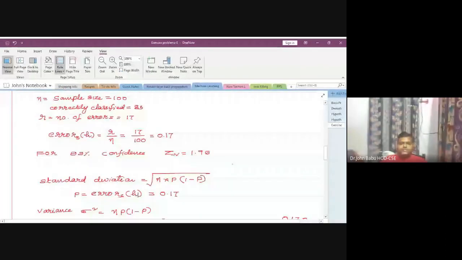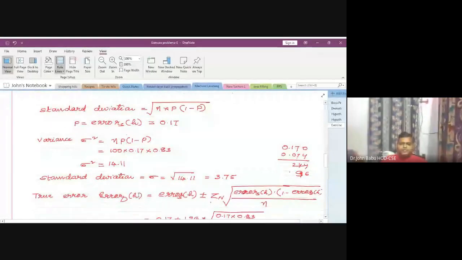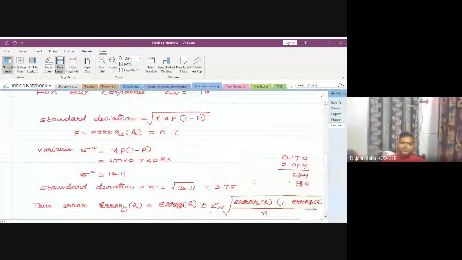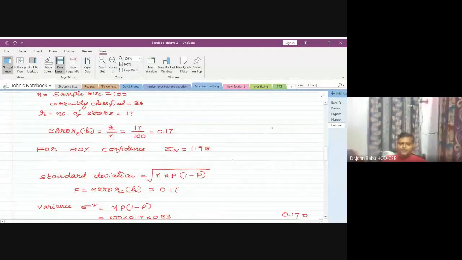So if you see, this term is nothing but, what is the variance? Variance is n into p into 1 minus p. What is the standard deviation? Square root of n into p into 1 minus p.